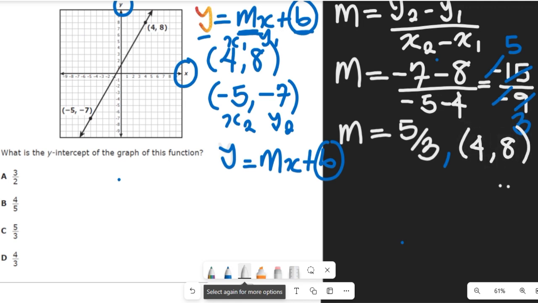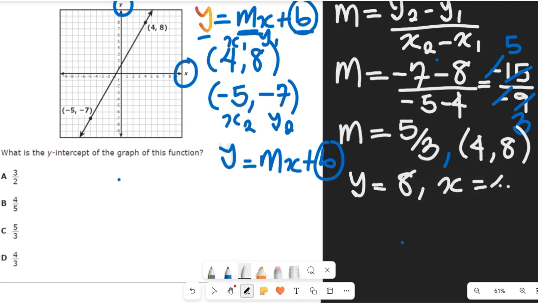If we do that, y will be equal to 8, while x will be equal to 4. So if we put that into this equation, we have 8 equal to 5 divided by 3 multiplied by 4 plus b, which is the intercept.